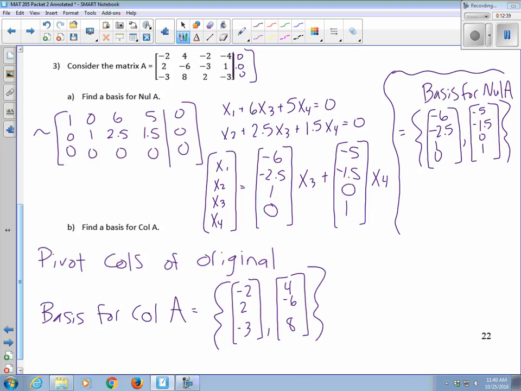So those two vectors will create all linear combinations of the columns of A. I actually just don't need all of the columns. And they're linearly independent since they are the pivot columns.